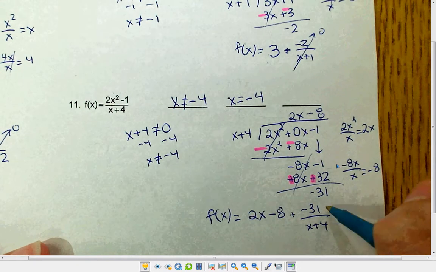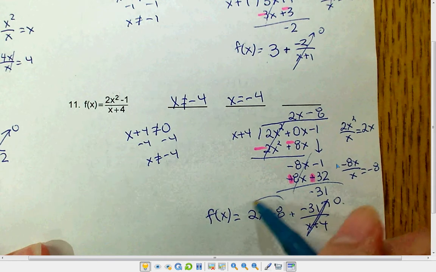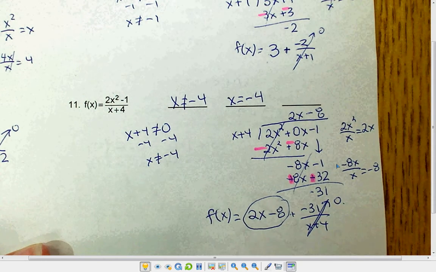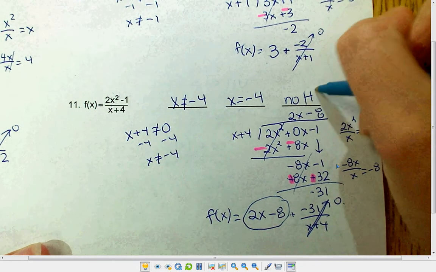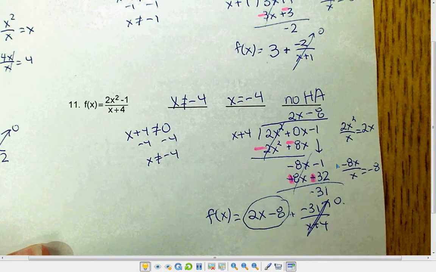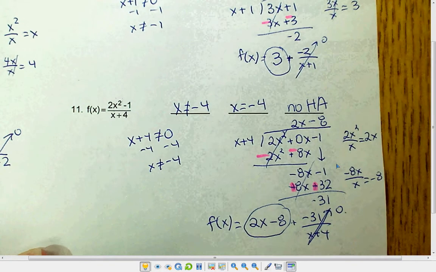So when this fraction goes to 0, I'm left with 2x minus 8. Is this a number? No, there's an x in it, right? So is there a horizontal asymptote? There is not one, because if there's an x left over in my answer, I cannot have a horizontal asymptote. Whereas for number 10, there was only a 3, so that was my horizontal asymptote.